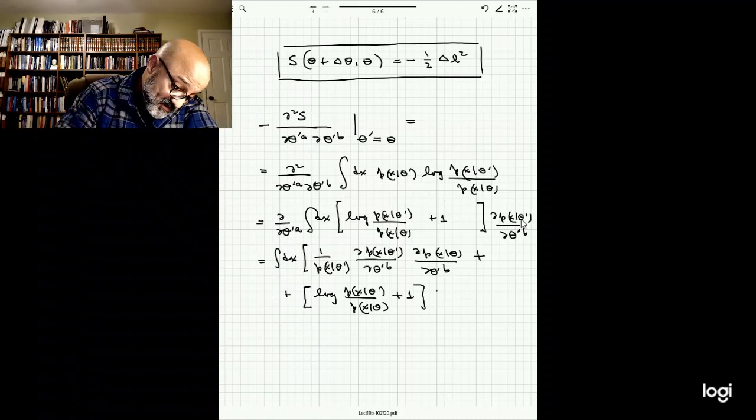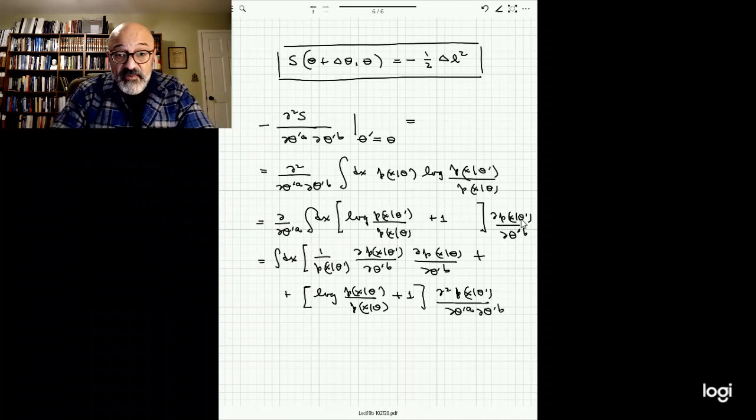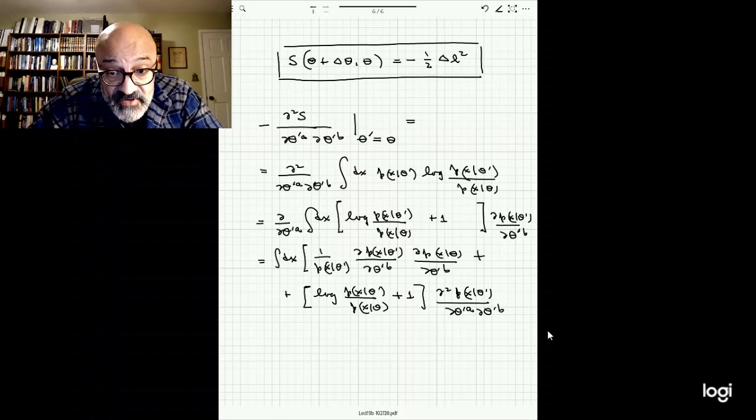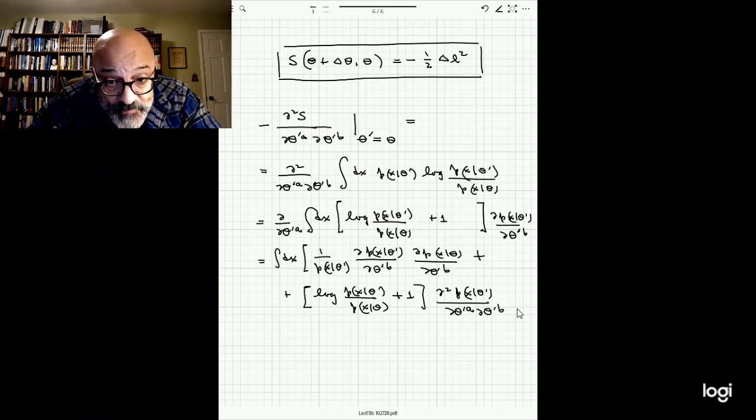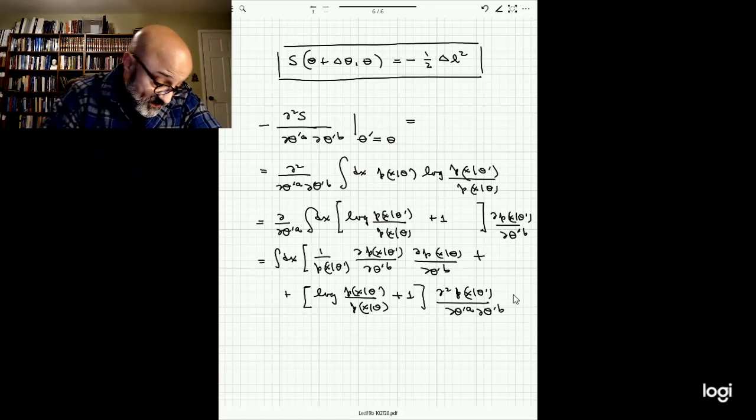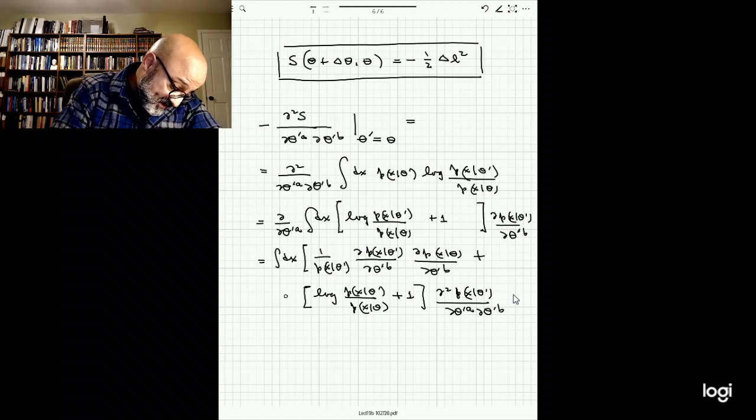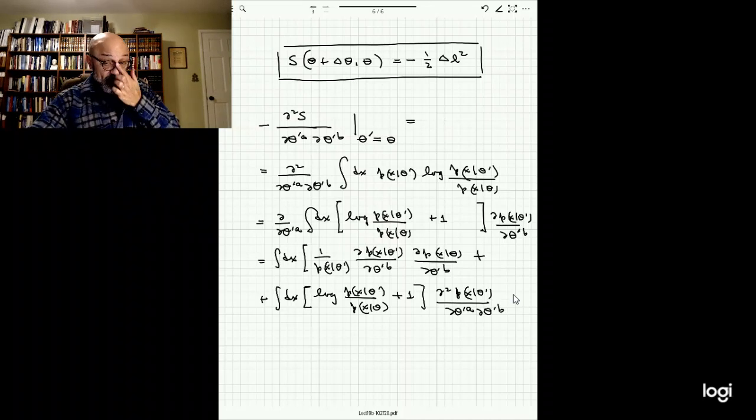So this is going to be d2 p x theta prime d theta a d theta b. And we're done. Now we can simplify all of this. Then there is, let me write the dx there. Very good, we're done.